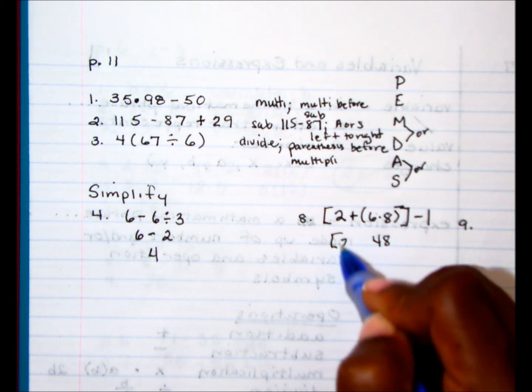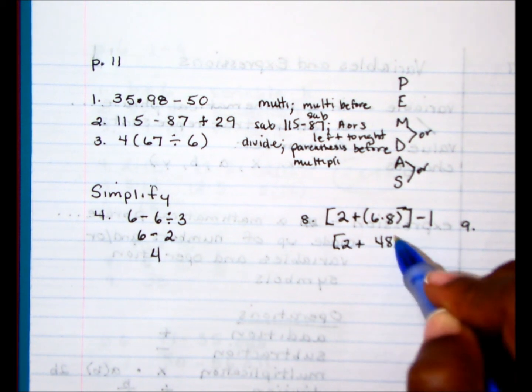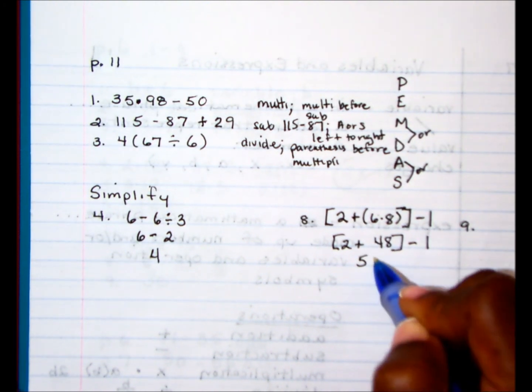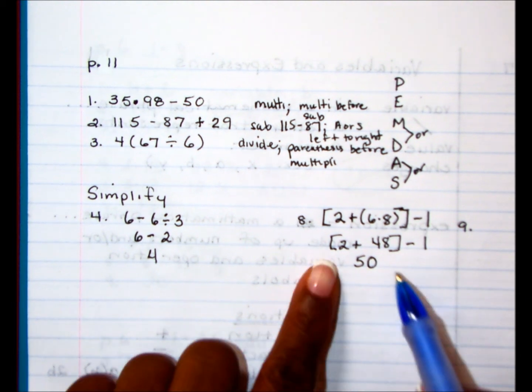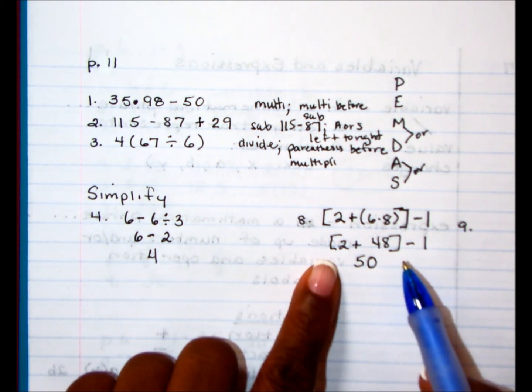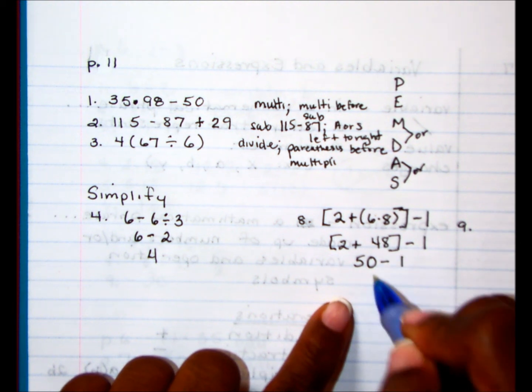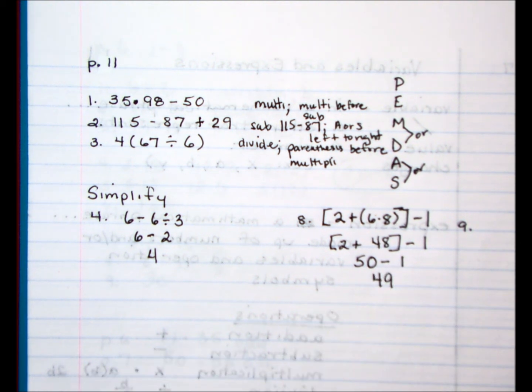But we still have 2 plus 48 in brackets and then minus 1. So 2 plus 48 is 50. And we're doing that because it's a grouping symbol. It's parentheses. 50 minus 1. And the final answer is 49.